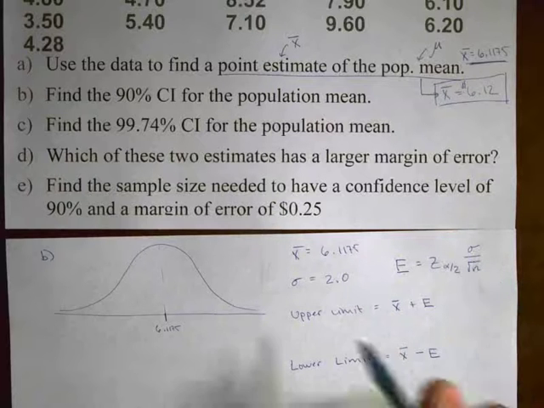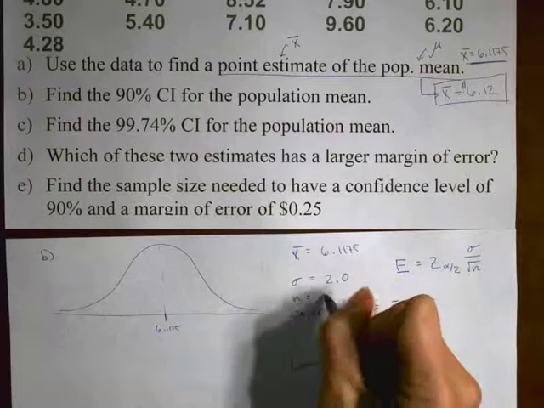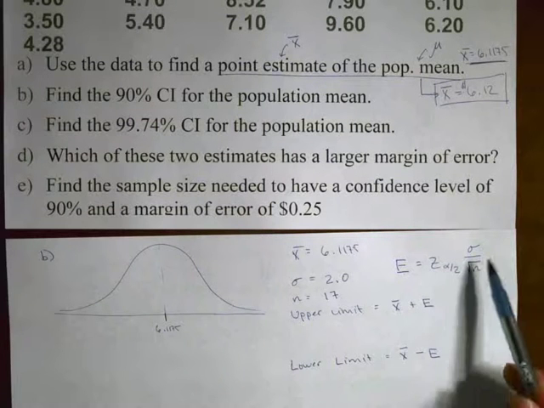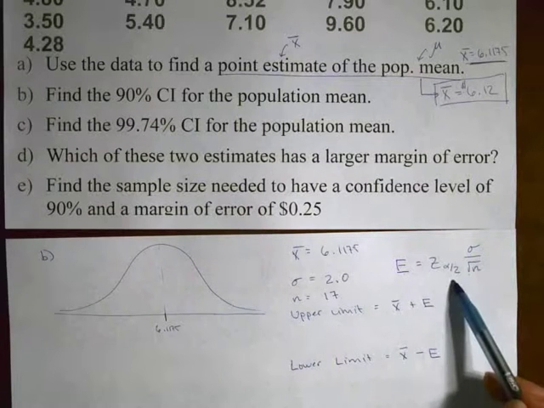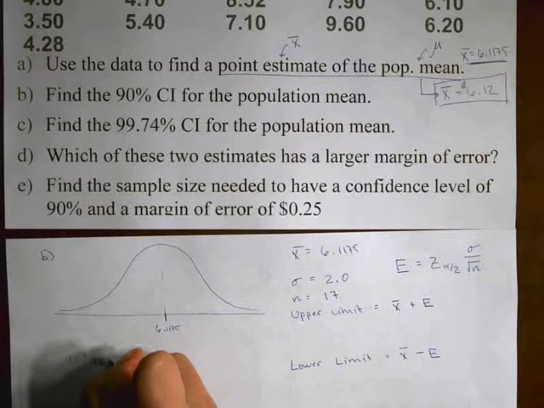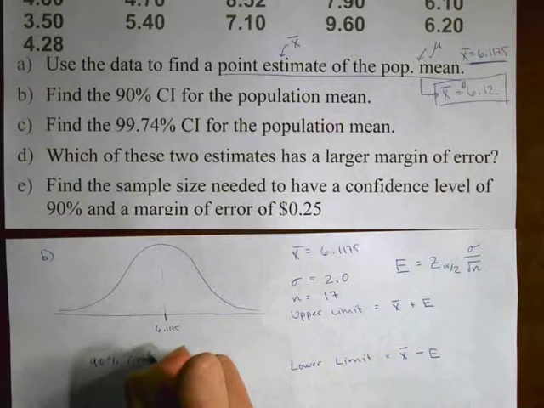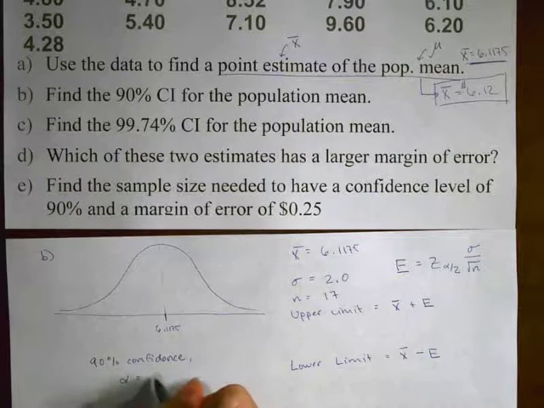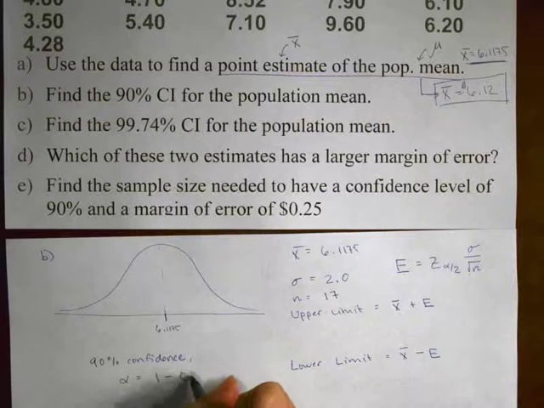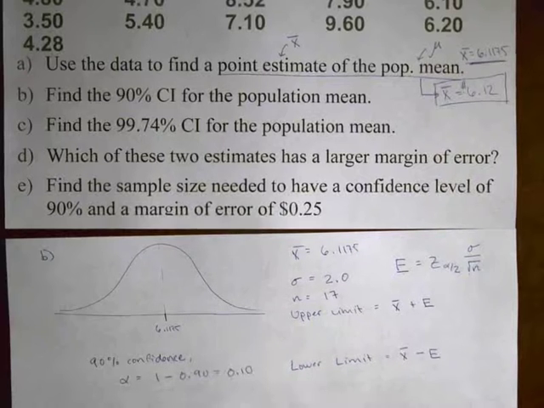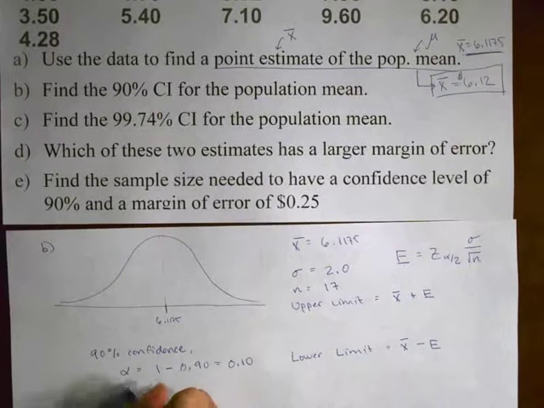So we just need to figure out what these things are. Sigma, that's 2. N is the number of samples, that's 17. I should write that down, but you can also just count up the data points. We need to figure out what Z of alpha divided by 2 is. So for a 90% confidence, alpha is 1 minus 90%, or the decimal form of 90%.